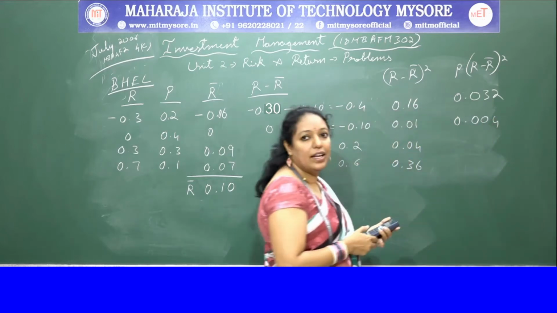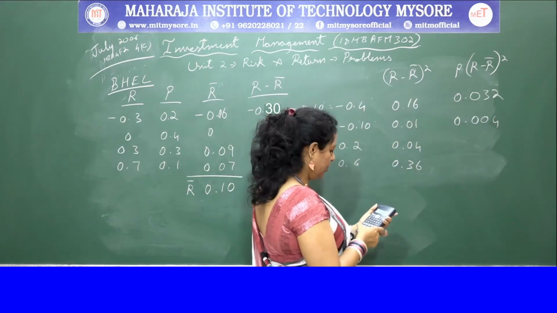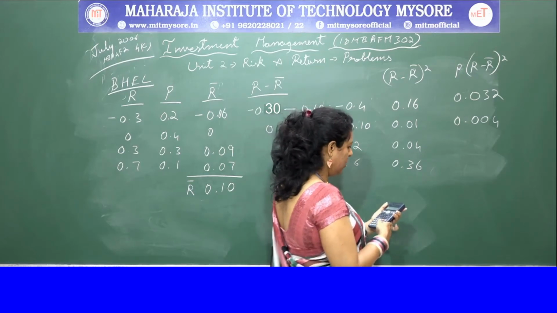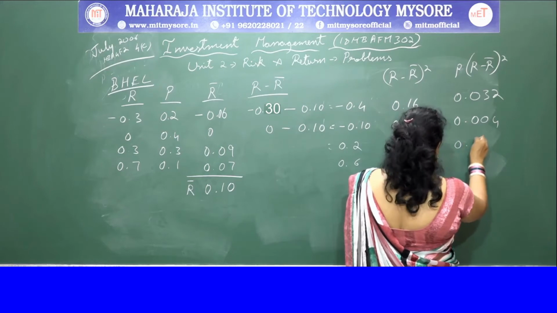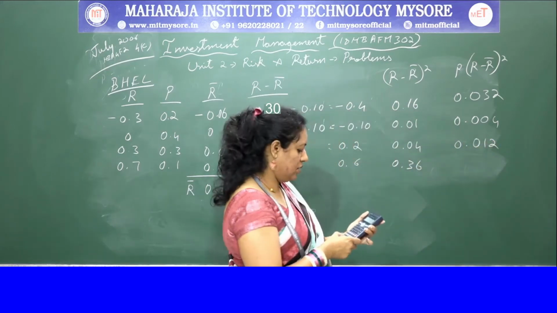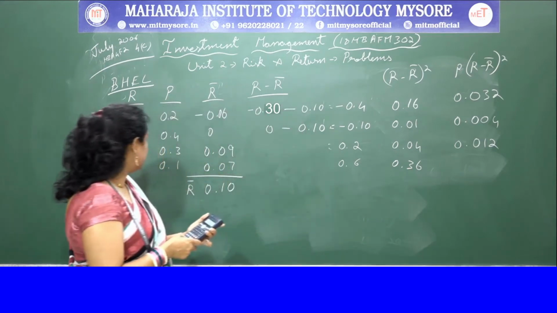Then you have 0.04 into 0.3. That you get as 0.012.